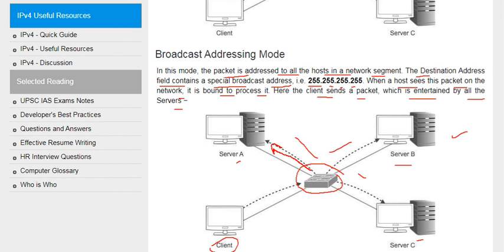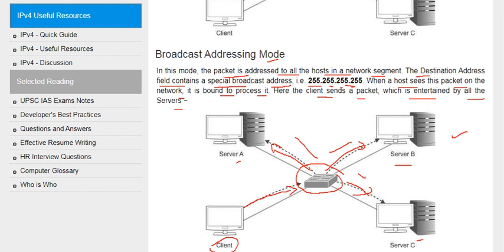So it can broadcast to all the servers at a time like that. तो इसीलिए यहाँ पे एरोज दिए. ठीक है, तो जो भी डेटा या पैकेट सेंड होगा बाय दिस क्लाइंट, इट विल ब्रॉडकास्ट टू ऑल द सर्वर्स. So that contains the broadcast address as 255.255.255.255, which is known as a broadcast address. So like that this broadcast addressing mode will work.